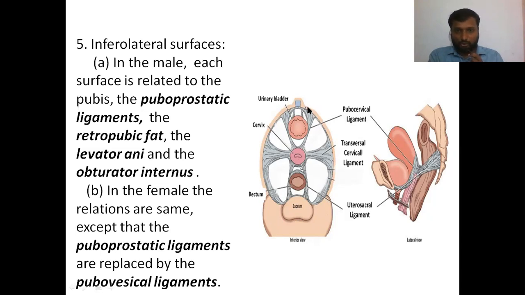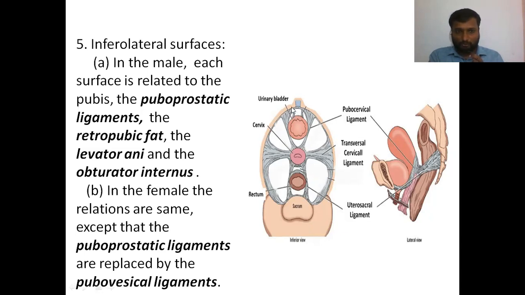So this ligament from the pubis to the prostate is known as the puboprostatic ligament. So the infralateral surface is related to the puboprostatic ligament. And here we can see a layer of fat known as retropubic fat behind the pubis. This is the anterior part, this is the posterior part. Behind the pubis, here, fat will be there, that means retropubic fat.